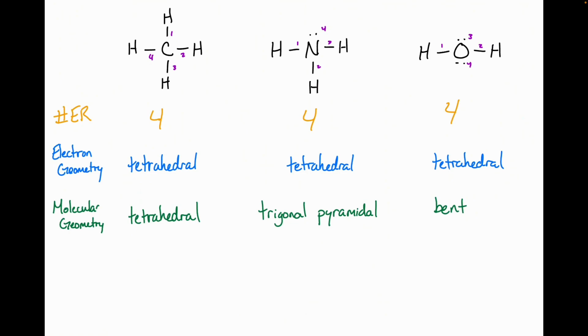But if we have one lone pair on that central atom for our tetrahedral electron geometry, our molecular geometry becomes trigonal pyramidal. And if we take away two of those bonds and replace them with lone pairs, our tetrahedral electron geometry turns into a bent molecular geometry.